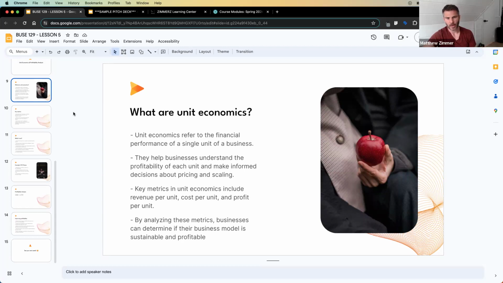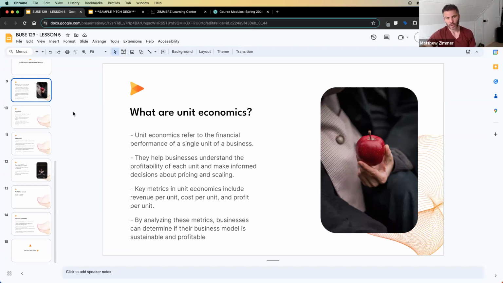We always want to analyze our business based on unit economics, as well as overall, how does this thing work? We want to be thinking about how many X's, Y's, and Z's I need to sell to make the macro business look the way I want it to. But on the micro level, on the unit analysis, we want to understand the profitability of each unit as well.